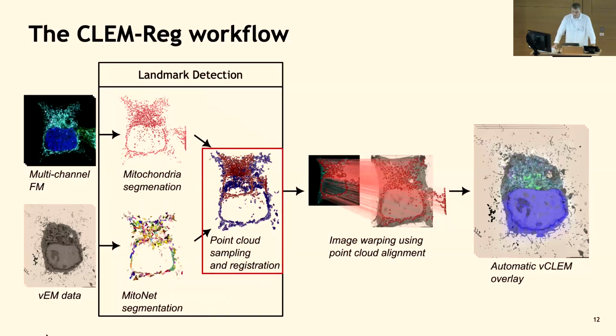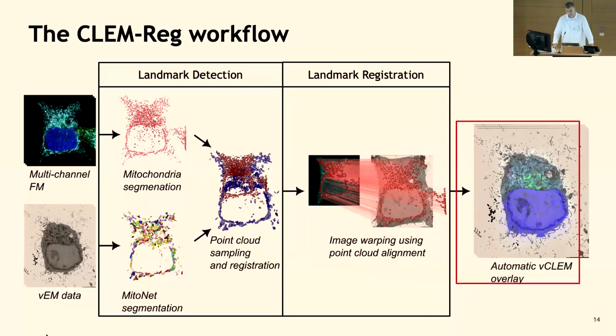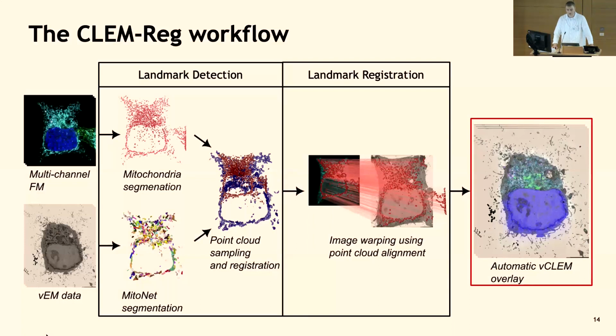And then we sample a number of these landmarks from both segmentation masks to create 2 point clouds, one for the fluorescence microscopy and one for the electron microscopy. And then we can leverage point cloud registration techniques such as coherent point drift to align the two together. And we can use the same transformation used for the point clouds and warp the multi-channel fluorescence microscopy to ultimately align it with the volume electron microscopy, resulting in the automatic alignment of the VCLEM dataset.